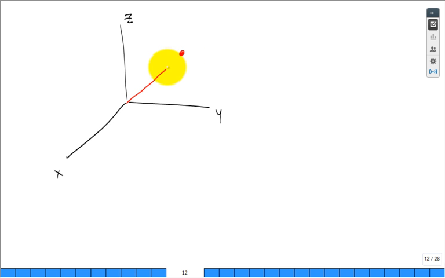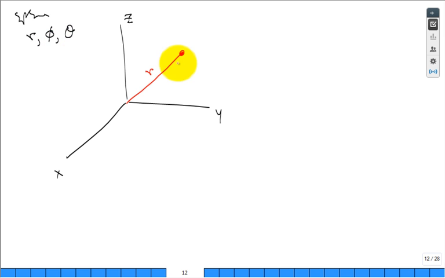It's located at a distance r from the origin. So for the spherical, we're going to have r as a part that describes the location of a point. And then we're going to have phi and theta as 2 angles. So a length and 2 angles can describe any point in the spherical coordinate system.